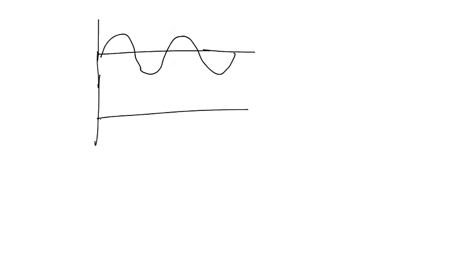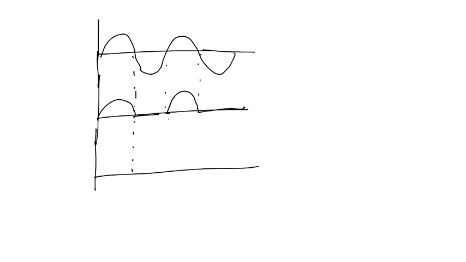Now in the half wave rectifier, the output waveform and input waveform are like this. This is the waveform of the output of a half wave rectifier, and for the full wave rectifier the waveform is like this.